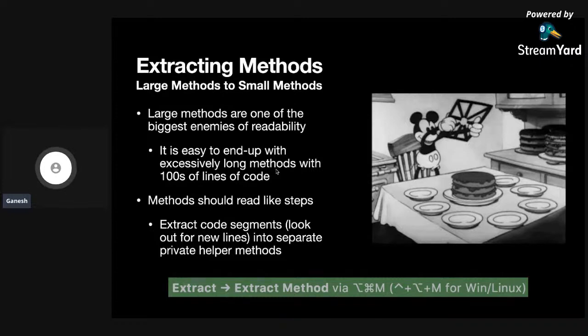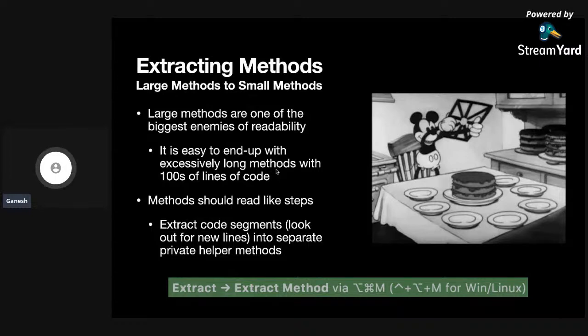However, zooming out and reducing the font size, etc., are not what I mean by identifying whether a method is very big or not, right? That's putting it under the rug instead of dealing with the long method. Ideally, a method should read like steps.